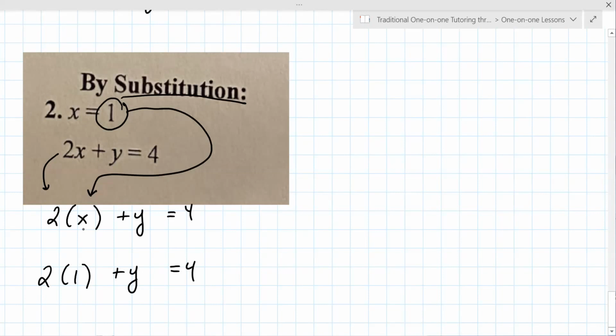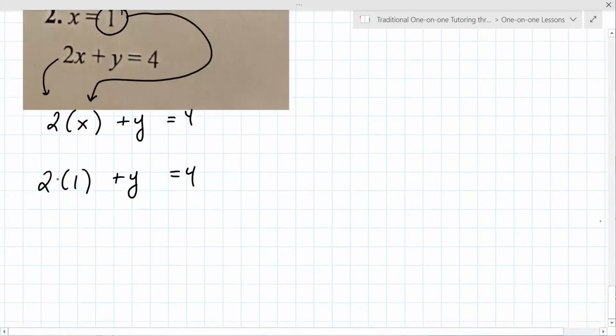So again, all I'm doing here is using that second equation, but putting 1 in for x. So we have to multiply this. What is 2 times 1? 2 times 1 is 2.